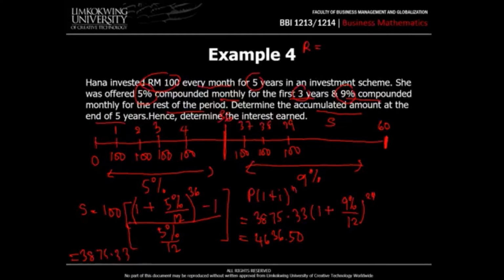With the new investment here, later on you have to add this amount to the new one that you get from here. So the second condition, we got the 100. And then 1 plus i, 9% divided by 12, and n is 24. Minus 1, divided by 9% over 12.